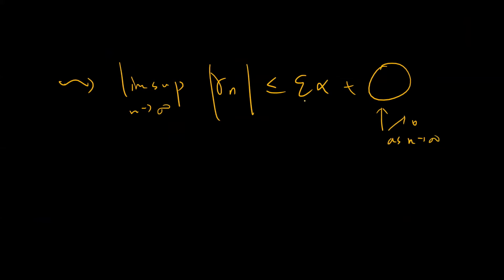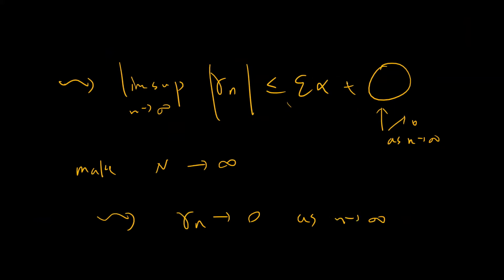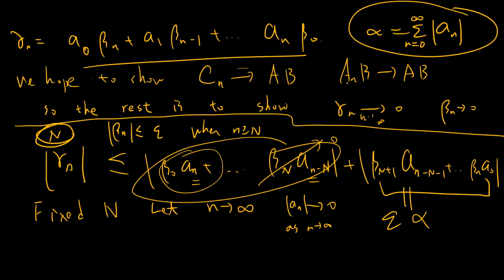And then this epsilon can be controlled. You can make N large enough for any epsilon, which tells you that gamma n goes to 0 as n goes to infinity. So let me just go back to illustrate the idea. You first use this alpha to control this term, and then you fix N and let small n go to infinity.